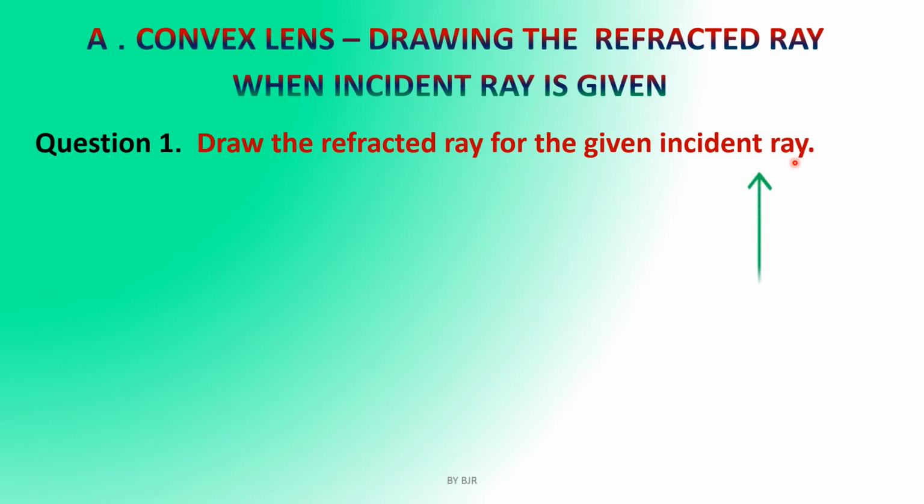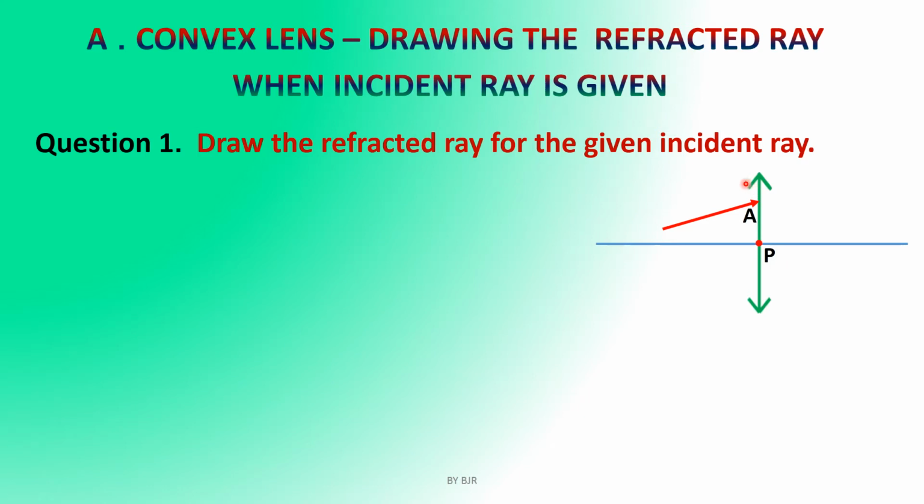Here is the problem figure. This is the convex lens and this is the principal axis, and here is the incident ray to which we have to draw the refracted ray, and this incident ray is incident at point A on the convex lens, and P is the optic center.